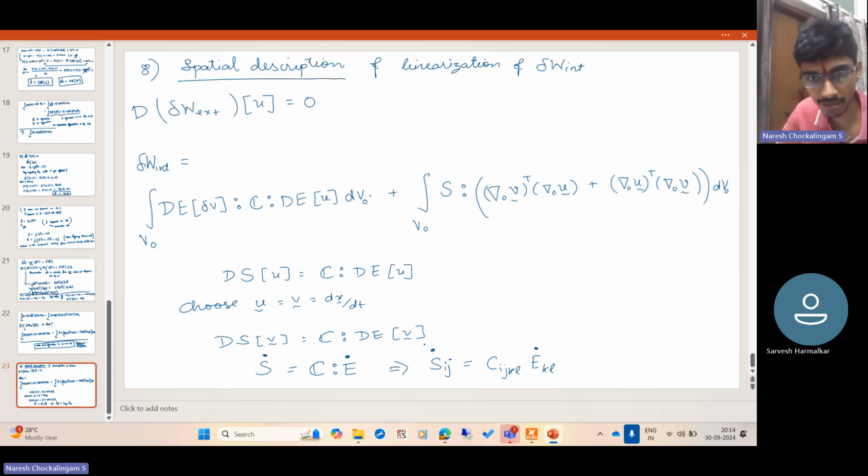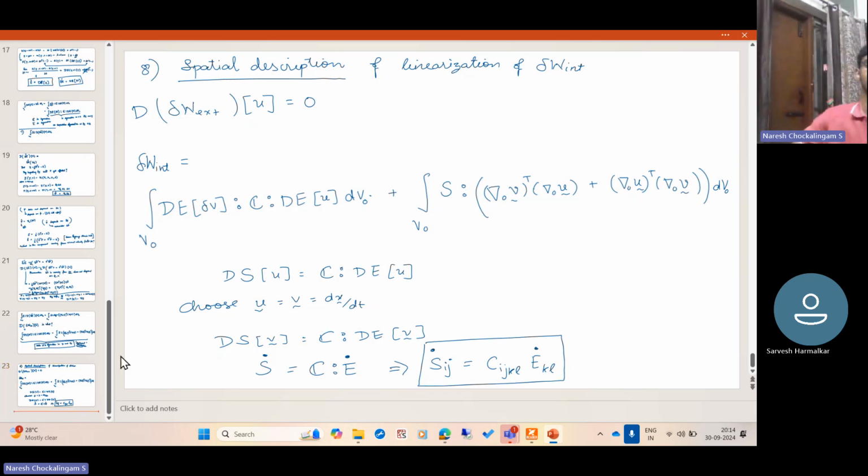The C_ijkl is not a constant. It can depend on the deformed configuration. It depends on the deformation. That is okay. That we know.